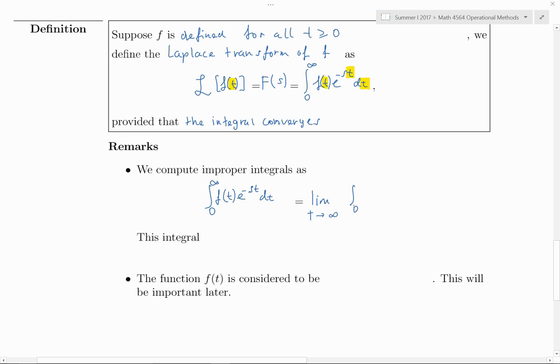So instead, we convert the integral into an integral over a finite period that goes from 0 to, say, capital T, and then we let that capital T go to infinity.